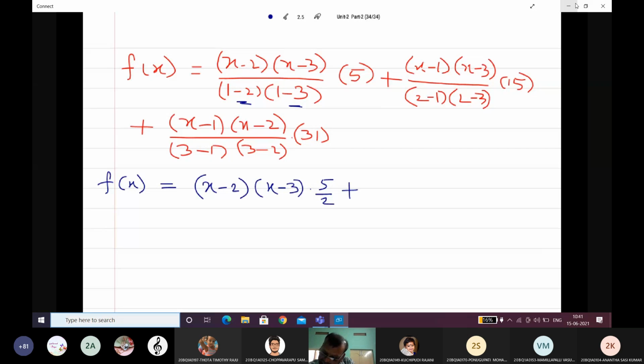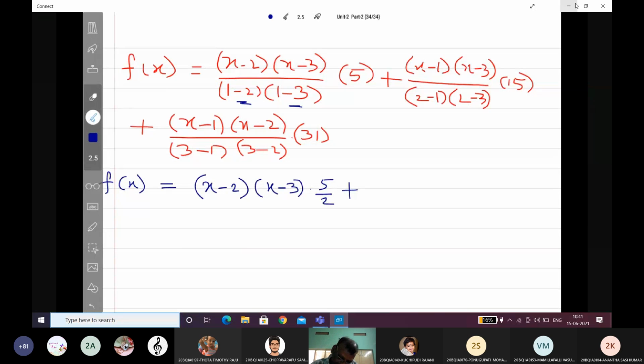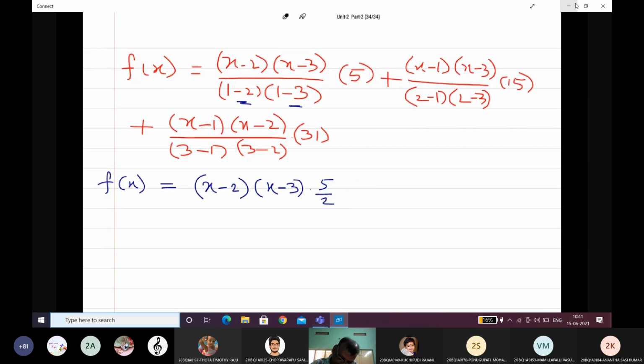x minus 1, x minus 3. In the denominator, here is minus 1, minus is there, therefore we have to write minus. Minus x minus 1, x minus 3 into 15.